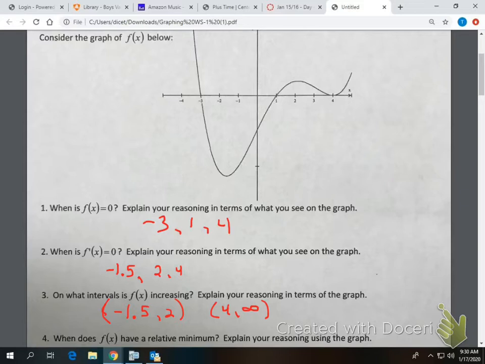Okay. Next question, number 5, asks, when does the second derivative equal 0? Explain your reasoning. When does the second derivative equal 0? When we have a point of inflection.